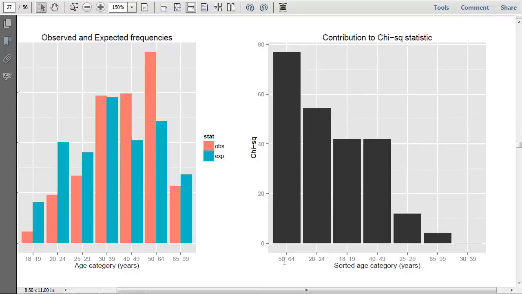So it's those 50-year-olds who are the most different than the expected, and then the young 20s, the 18s, and the 40s that are most different, and then finally it tapers off to the 30-year-olds, who are basically exactly what you expected.